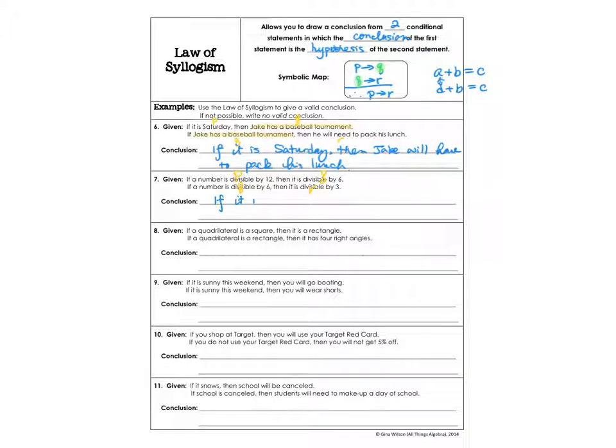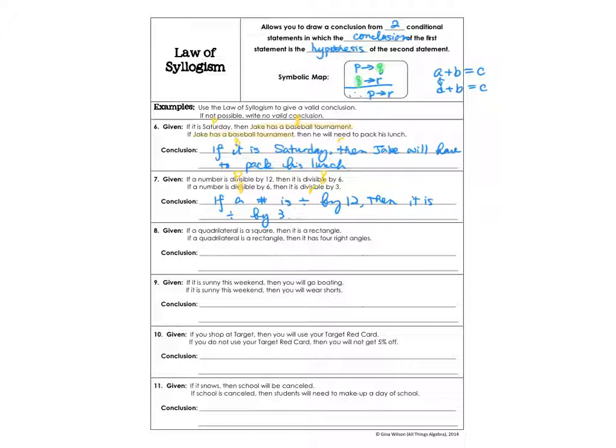Therefore, if a number is divisible by 12, then it is divisible by 3. It's a lot of words, I'm using shorthands here. Okay.